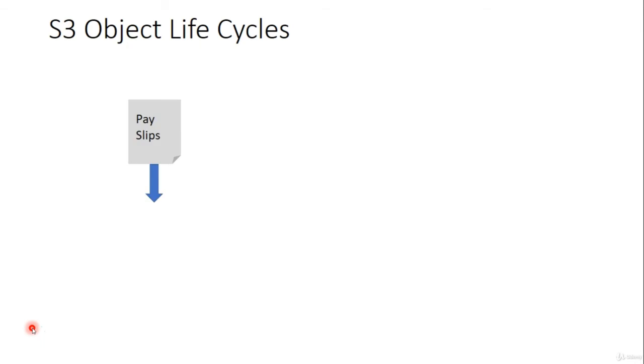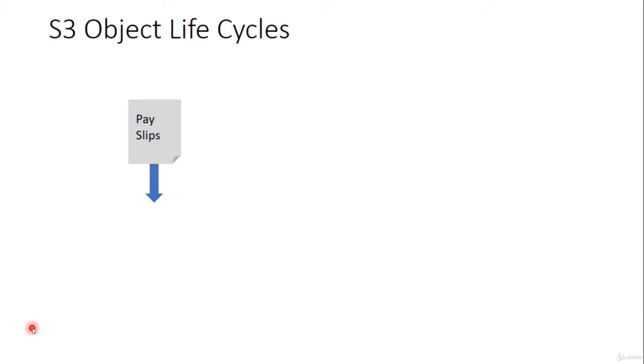S3 object lifecycle. Suppose you have a payroll processing application where you are generating payslips once at the end of every month. So I think logically you can guess what's the pattern of access of the payslips. Yes, they are heavily accessed and downloaded for the first few weeks, and then the traffic for accessing them gradually reduces.